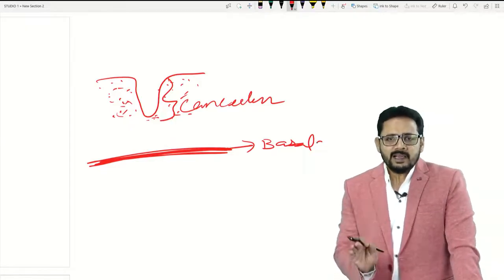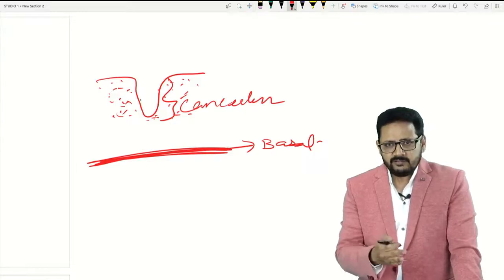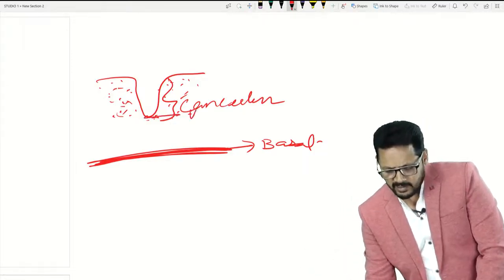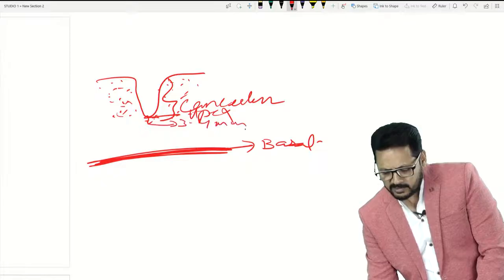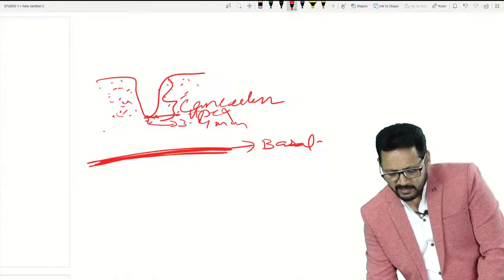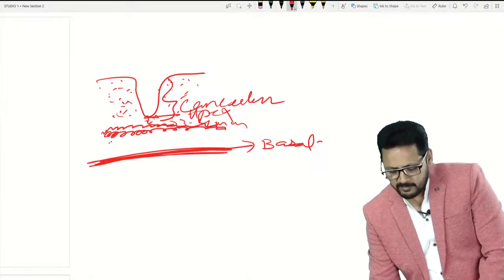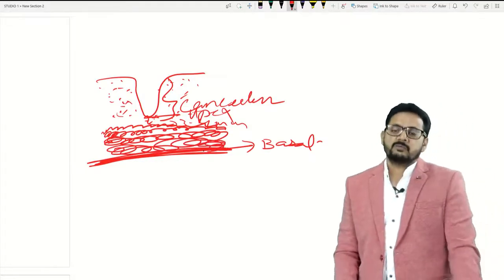Okay, exactly. Let us say why I have drawn this picture is because if you're doing a fresh extraction, right? Now if this is the apex of the socket, approximately 3 to 4 millimeters below is where the cortical bone will start, and it goes on increasing in density, and attains the maximum density near the basal bone.